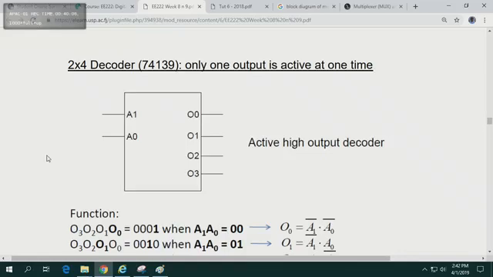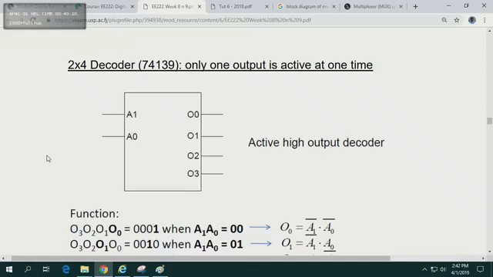it's more like turning on security lights, right? You've got 2 control inputs, and at any one point in time, you only want to turn on one device, right?